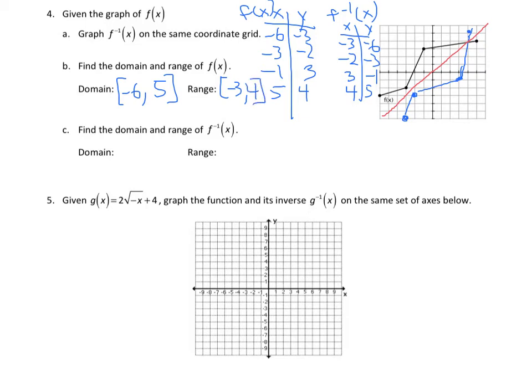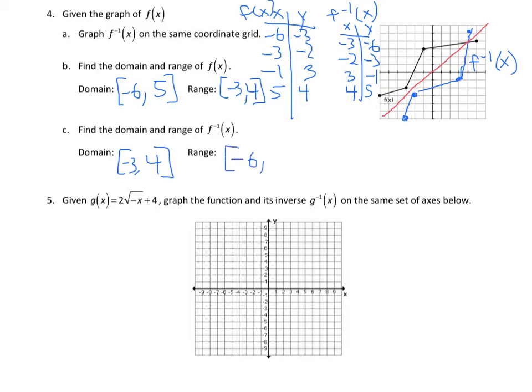Now looking at the domain and range of f inverse, the function we graphed in blue, its lowest x value is -3. Its highest x value is 4. And for its range, the lowest y value is -6.